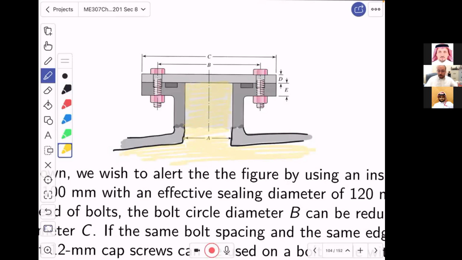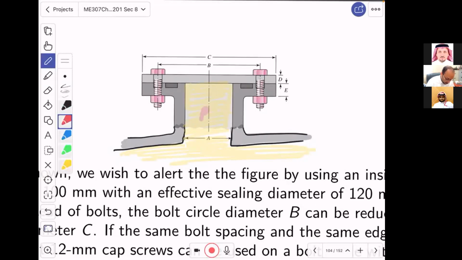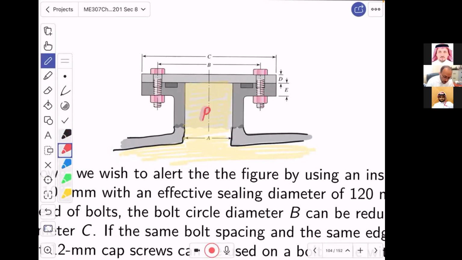Now, this pressure, ya shabab, P, if you multiply it by area, it will give you a force. This force is going to be applied on this. And then if you imagine that there are two bolts, this force is going to be distributed on the bolts. So logically, ya shabab, what you need to do is to multiply the pressure by the area, which is not difficult.